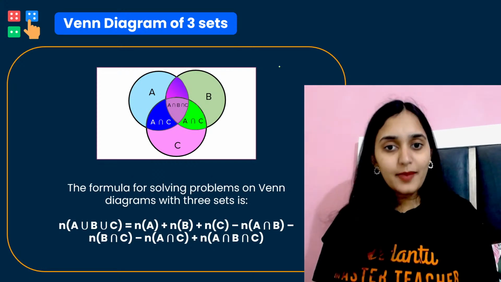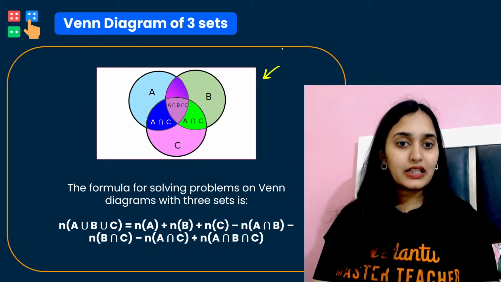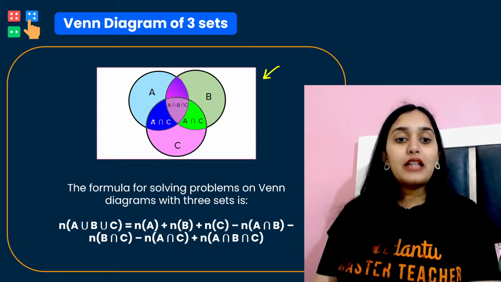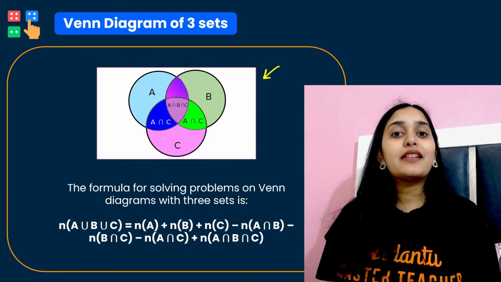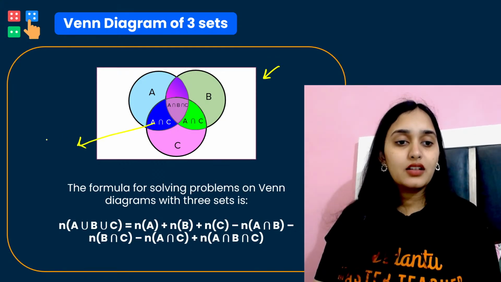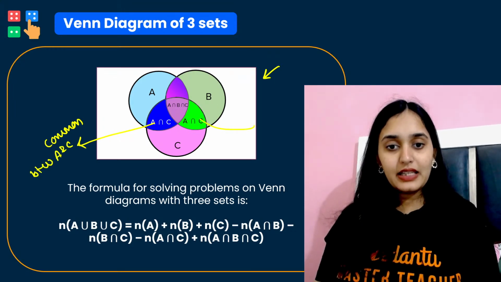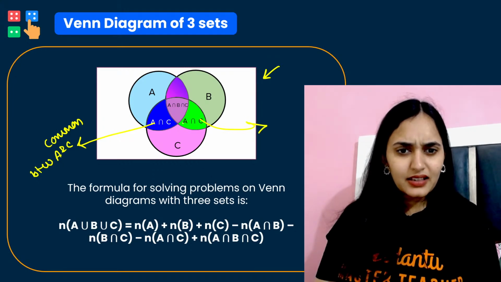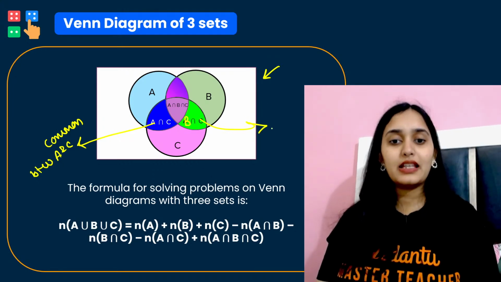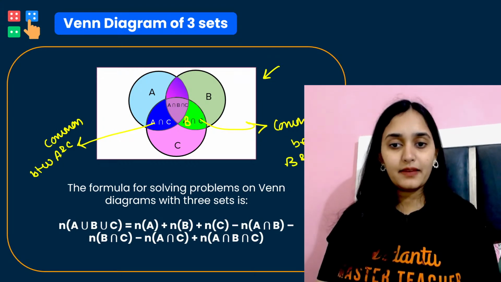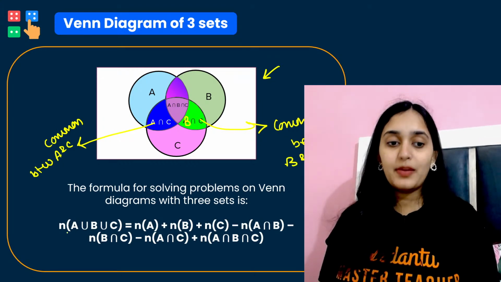It will again be a rectangular box, and this rectangular box will have the three sets A, B and C. Now this blue area is representing A intersection C, which is common between A and C. This is representing B intersection C, which is common between B and C. So like this we will have our formula.